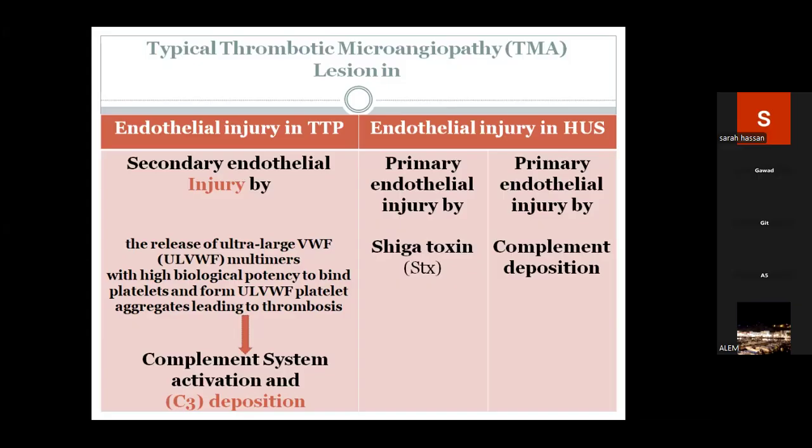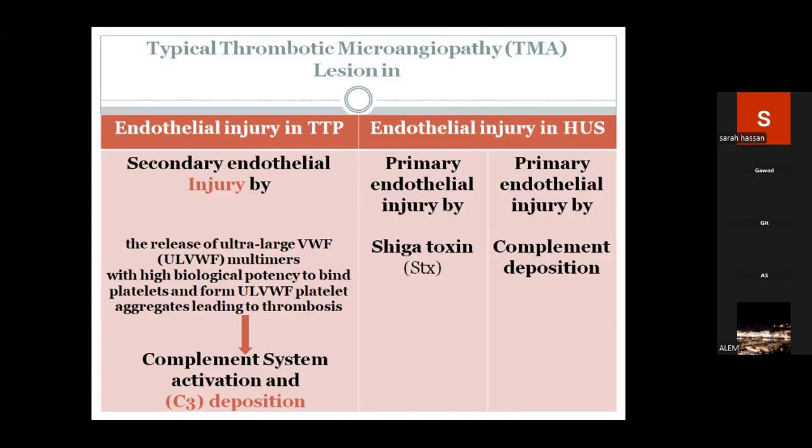So self-injury promotes the alternative complement pathway and thus the C3 activation. So TTP is not a complement dysfunction. It's not a dysfunction in the complement system, but the injury that occurs in the endothelium causes C3 deposition, which is the normal physiology of our bodies.